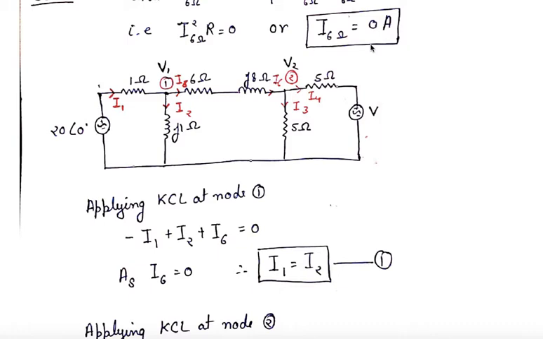After solving 2-3 pages, in the end you will get a wrong answer, and then when you trace it back you will find some silly mistake. So to avoid those silly mistakes, always make your diagram big and clear, and your equations as simple as possible. With those things in mind, because we have written our result as I6 equals 0 ampere, we have taken the current name also as I6.